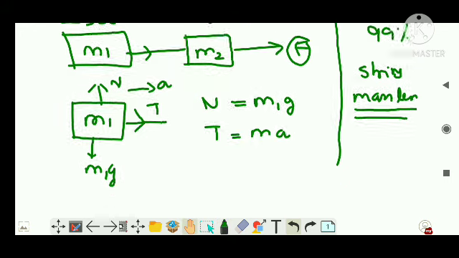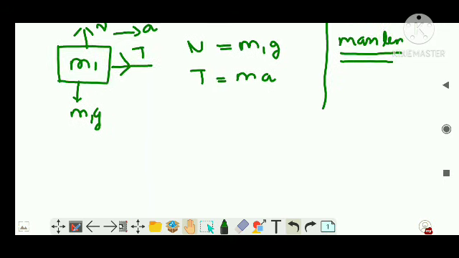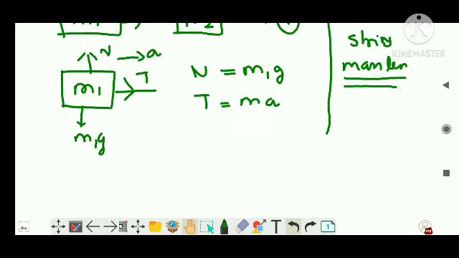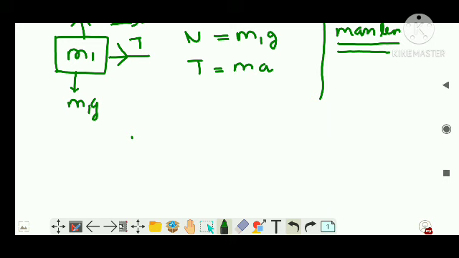Now let's move on to the second mass, that is m2. This is m2 mass, and just like the previous one, normal reaction upwards, m2g downwards. And the string here is connected in this one, so the outward direction of tension like this.